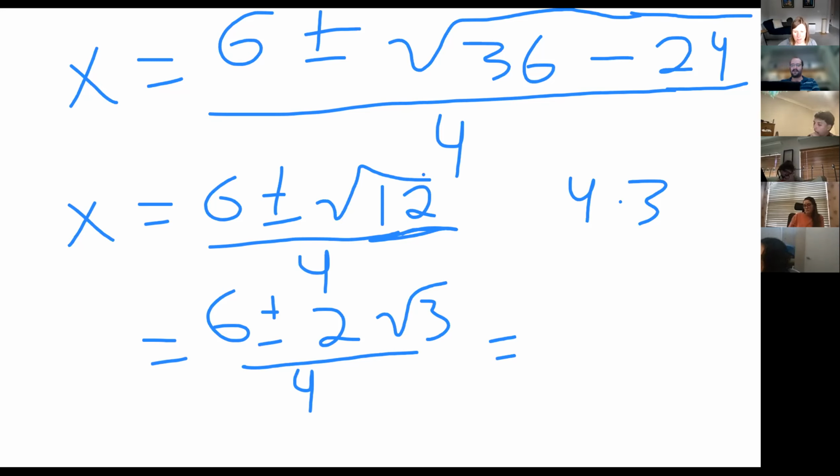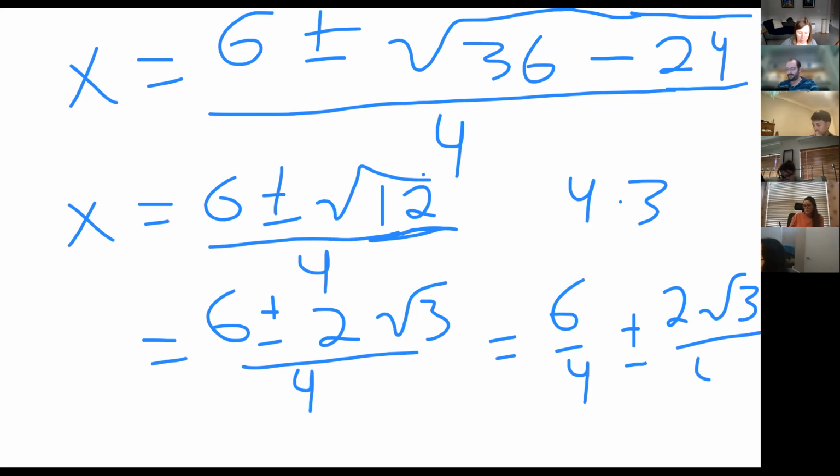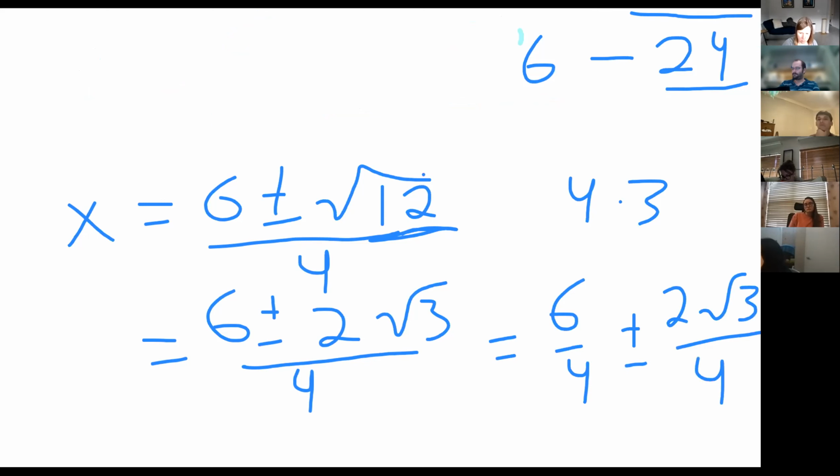So what should this look like if I separate it? I have a 6 over 4, and a plus or minus sign in between, and I have something that looks like 2 radical 3 over 4.